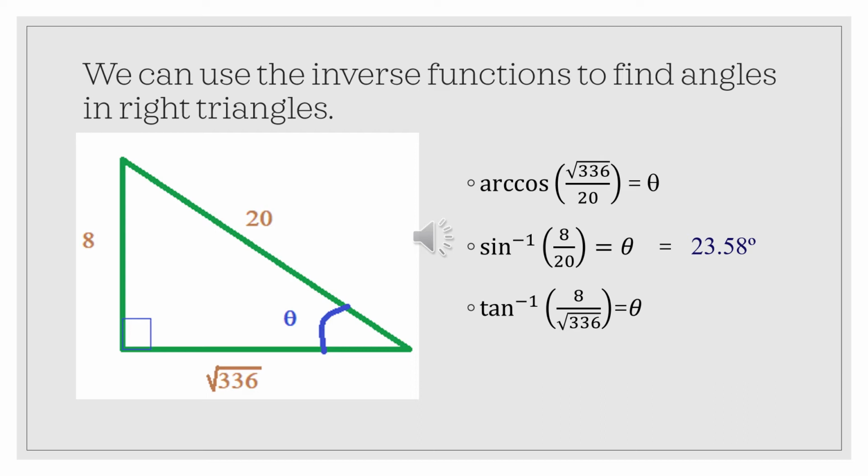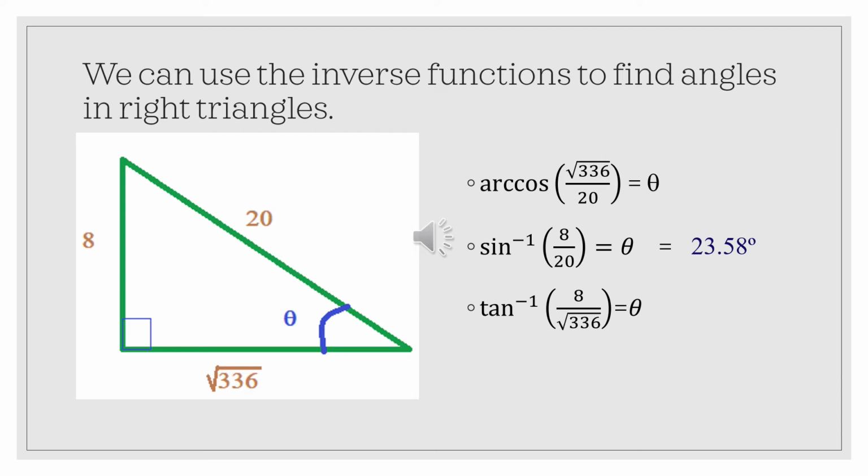Inverse sine or arc sine of the opposite side 8 divided by the hypotenuse of 20 would also give me that same angle, because for that angle the opposite side is 8 and the hypotenuse is 20. I could also use inverse tangent. And if I were using inverse tangent, I would plug in the opposite side of 8 and the adjacent side of the square root of 336.